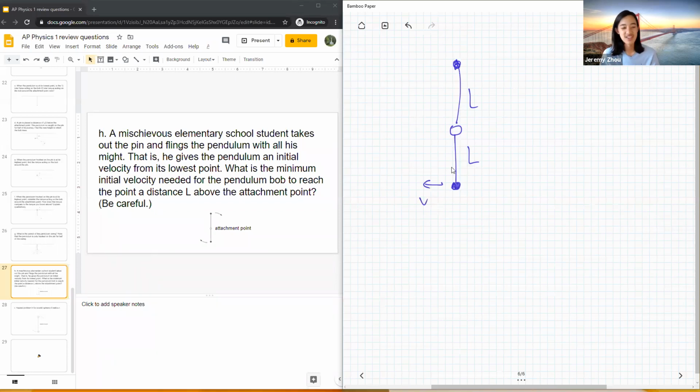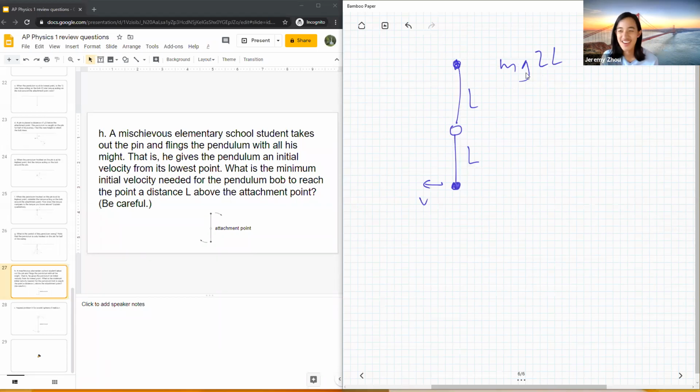Yep, conservation of energy. But the question is, what is the final energy of this state? Obviously the potential energy, mg2L.